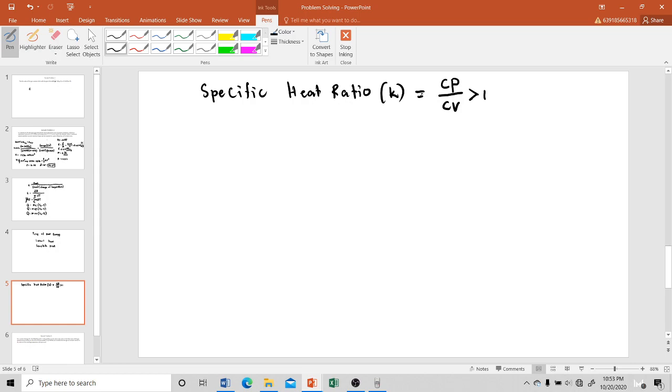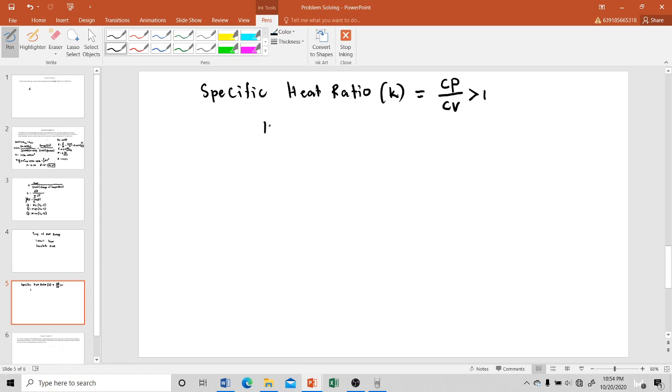So for monatomic gases, its value is essentially constant at 1.667. What is the meaning of monatomic gases? These are elements that have a single atom, just like helium. Helium consists of only a single atom.